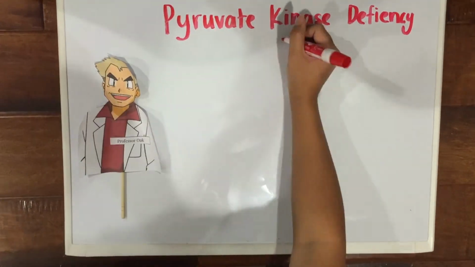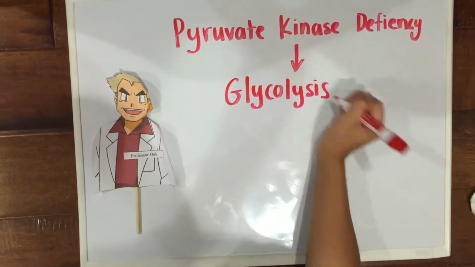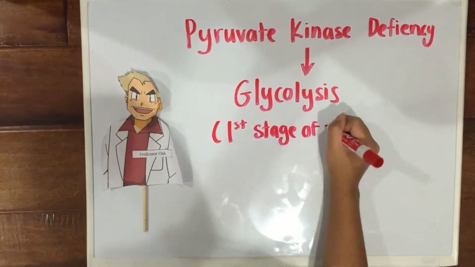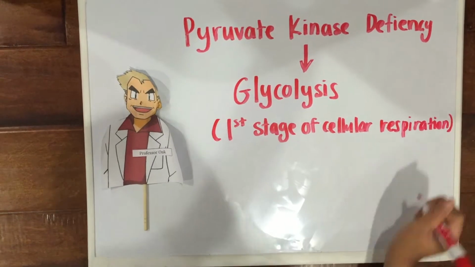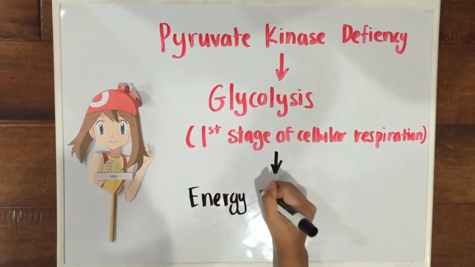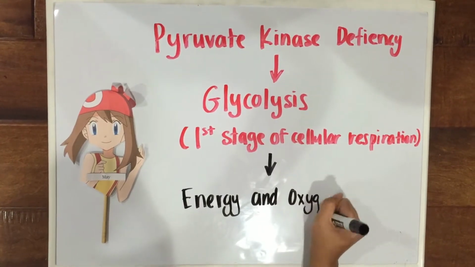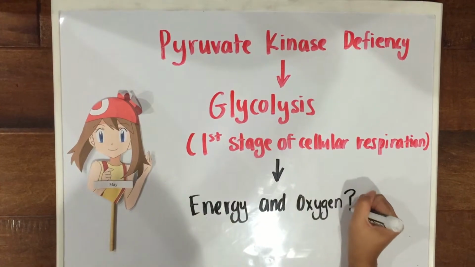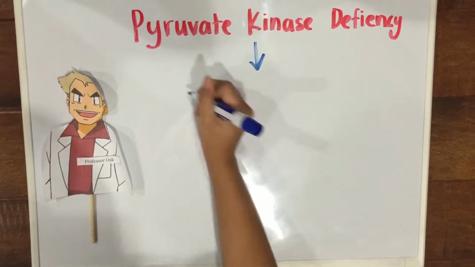The enzyme has to do with the process of glycolysis, one of the 3 stages of cellular respiration. So if this interrupts the process of glycolysis, we're talking about energy and oxygen, right? Precisely.